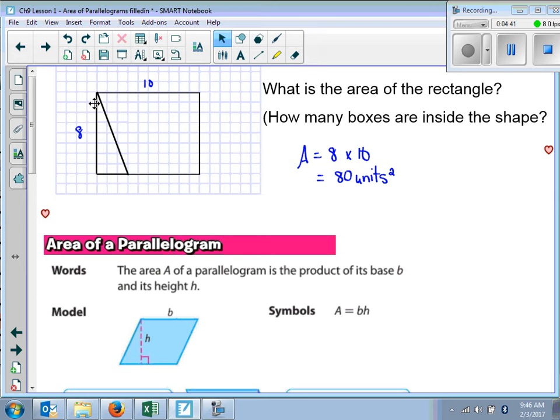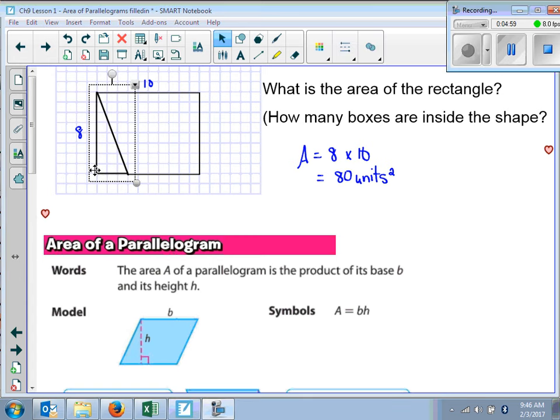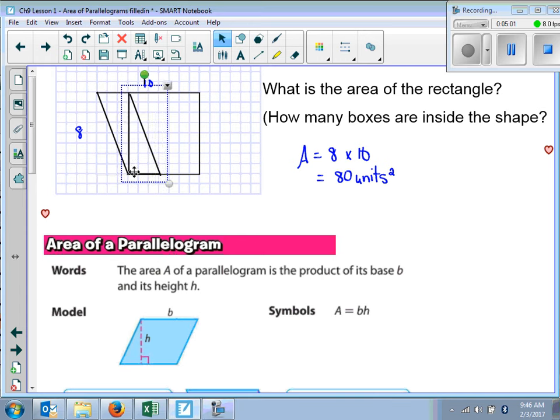Okay, so all of those squares in that triangle are still going to be part of the shape. Is everybody with me? So let's move this. Oops, wait. I forgot to pick up one of those things. Hold on. Okay, so let's move this to the other side.